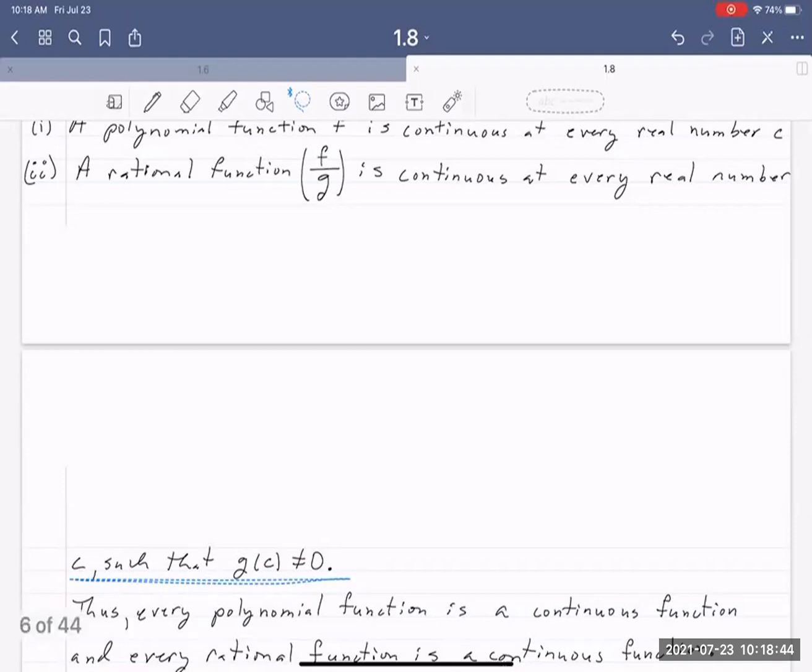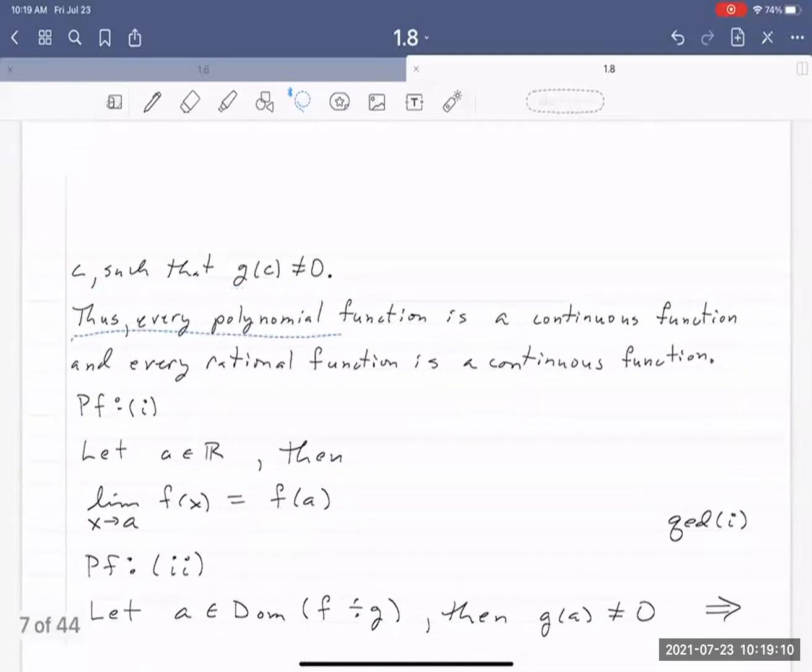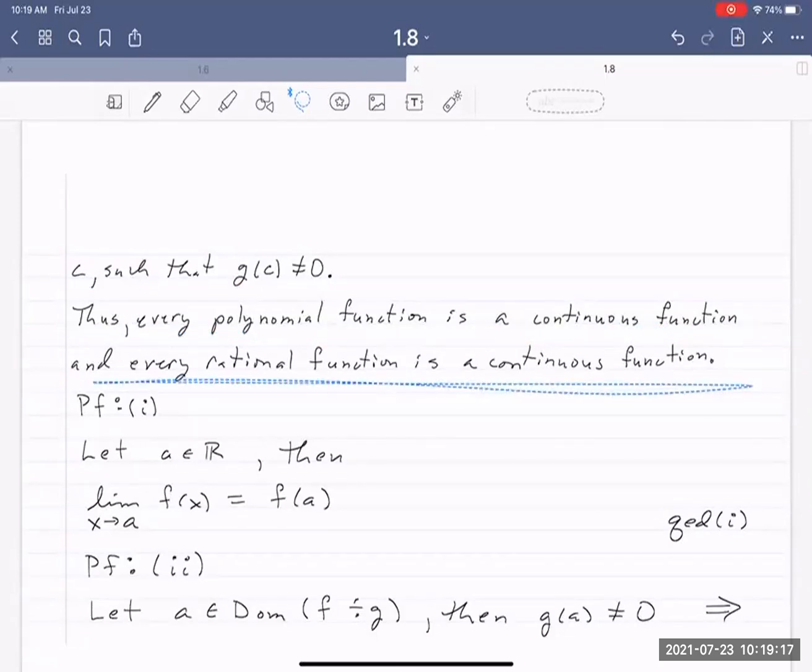Remember, the natural domain of a polynomial function is all real numbers, and the natural domain of a rational function is every real number except for those where you divide by 0. Therefore, every polynomial function is a continuous function. Every rational function is a continuous function.